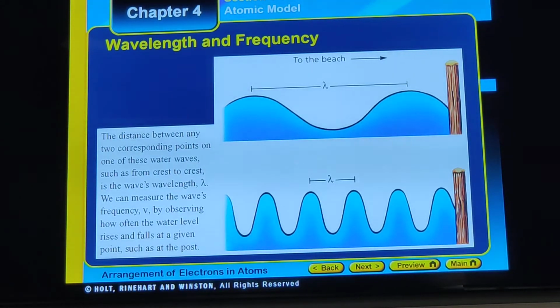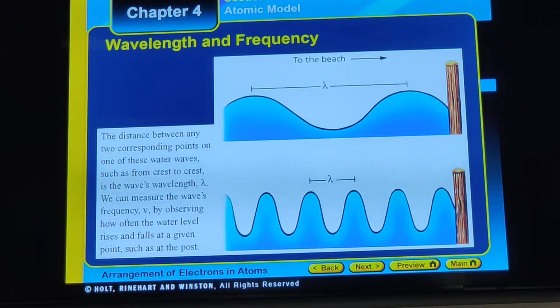If the wavelength increases, then there will be fewer waves that go by, right? If you think about you're standing on a pier and the waves go by, if you have long wavelengths, there will be fewer of those that will go by. So the longer the wavelength, the lower the frequency.